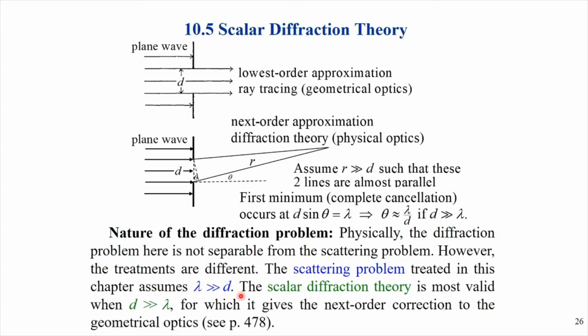However, in this section we will introduce scalar diffraction theory. This theory is most valid when D is greater than lambda, for which it gives the next order correction of geometric optics. We consider lambda smaller than D here. That's physical optics. We will try to correct these terms.